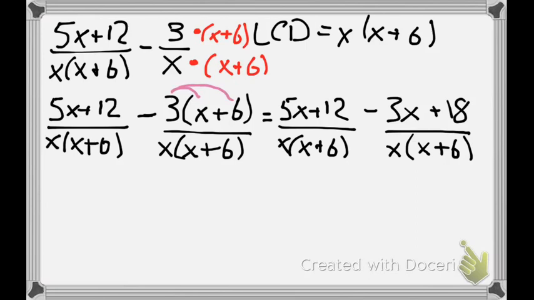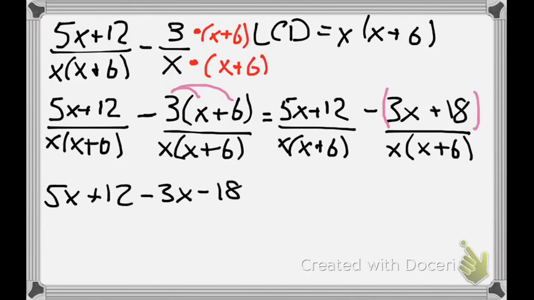The one thing I want you to really notice is that when we're doing this, imagine we have little invisible brackets around this binomial. So that negative, the minus, isn't just going with the 3x, our 18 is also getting subtracted. So for my next step, when I have 5x plus 12 minus 3x, it needs to be a minus 18.